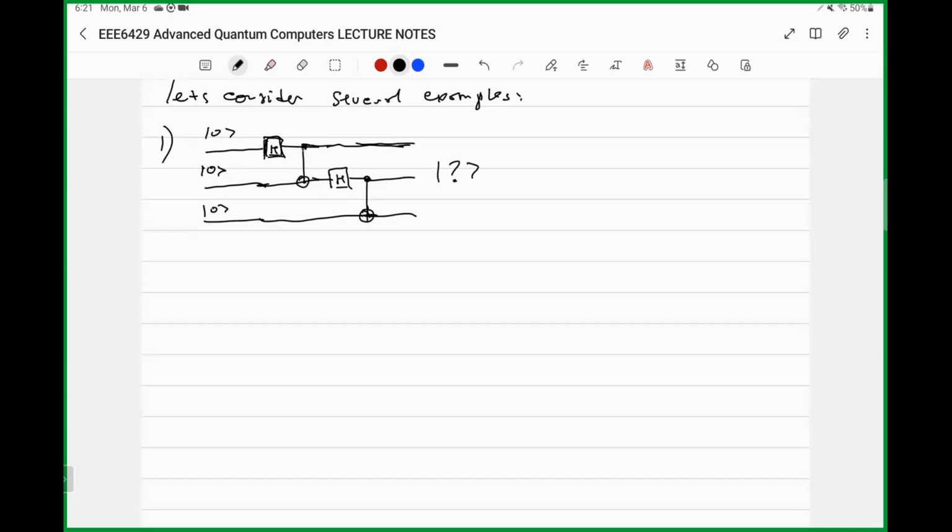So as you can see, this is some sort of a serial connection of 2-qubit gates, right? So this is the first one that we already calculated, and then this is the second one. So what is the result of this? Let me go back and go step by step.